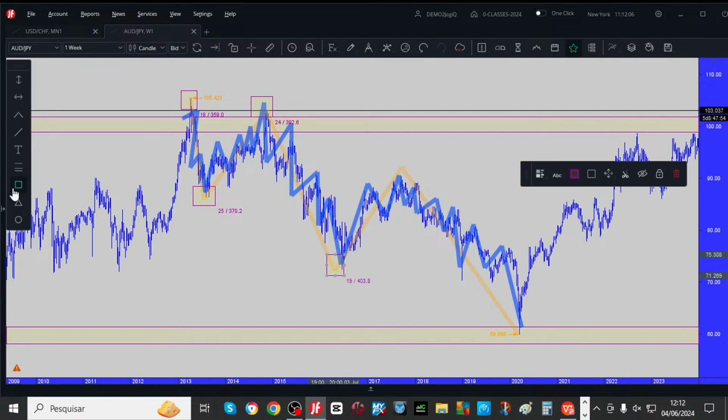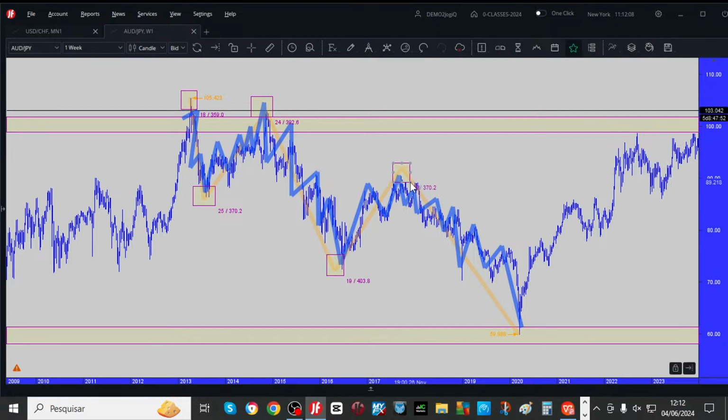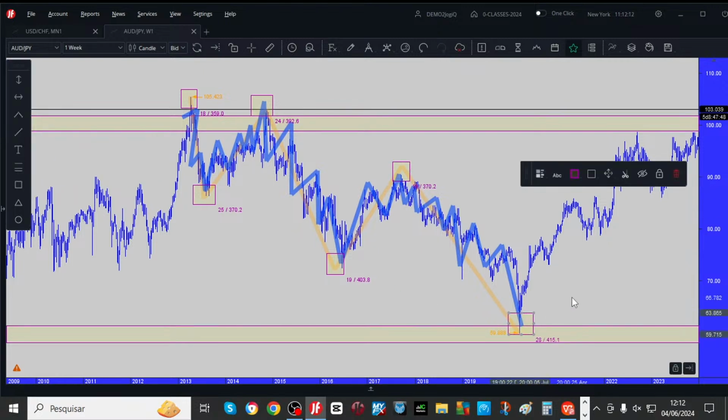To have a higher probability, a higher chance of success, you should trade exactly in the direction of the short-term trend, in the direction of the market wave. This is a probability game, right?